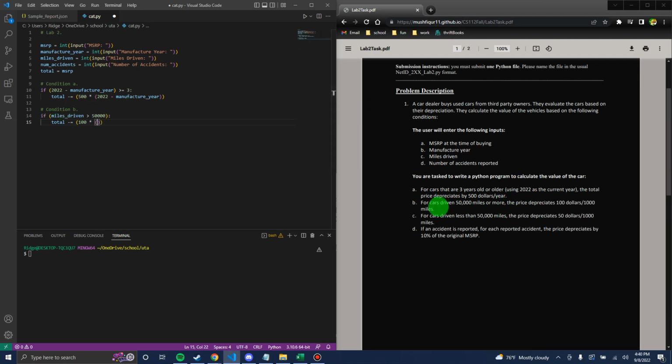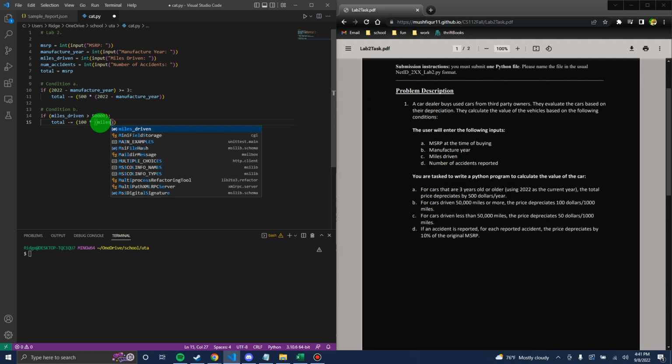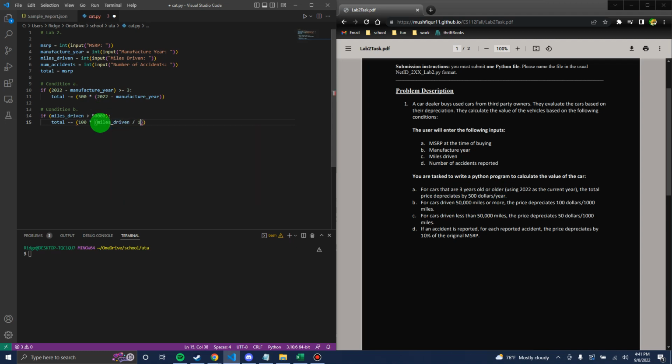To find out how much, we need to divide the miles driven by 1,000, because it's $100 per 1,000 miles. If we divide those two, we get how many thousands of miles are in there, multiply that by 100, and subtract that from the total.